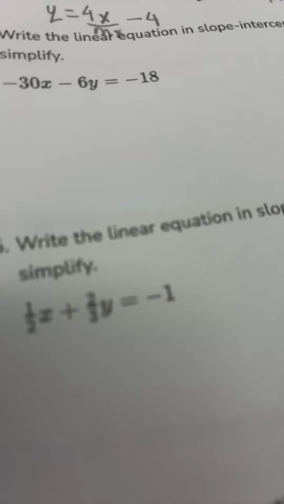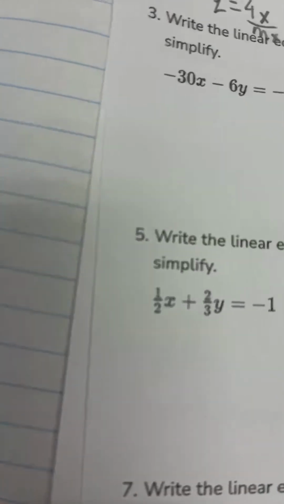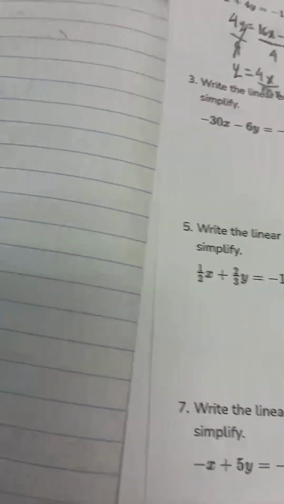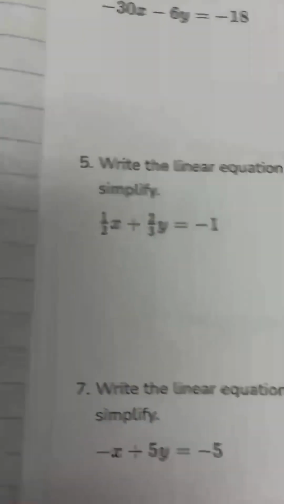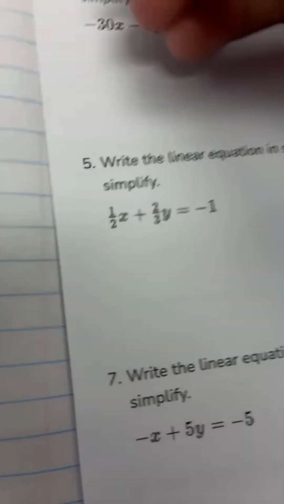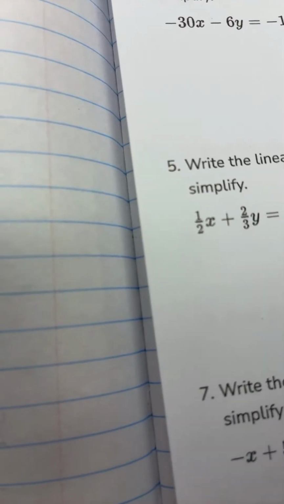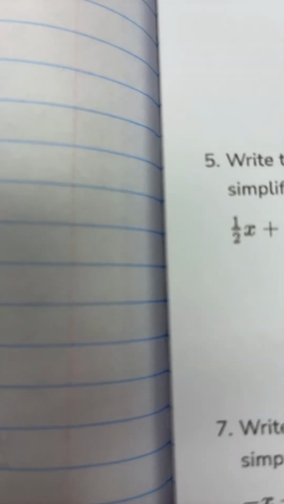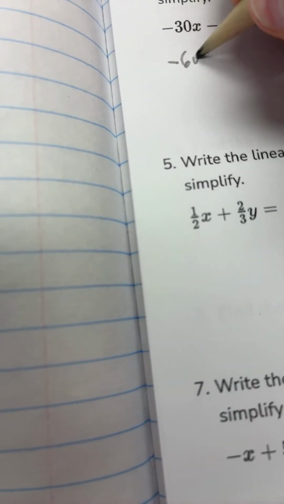So when you do 2, since it is supposed to be 1, something 4. So I didn't change it, so I think it stays. It's negative 6 y.